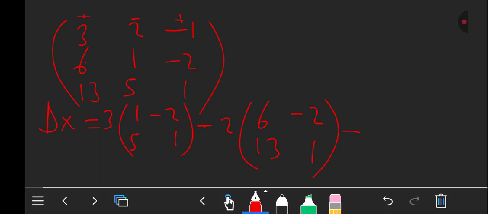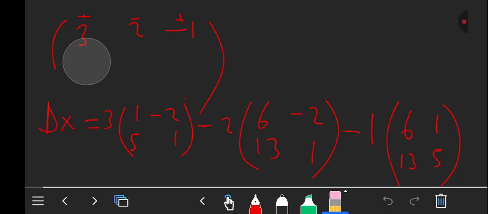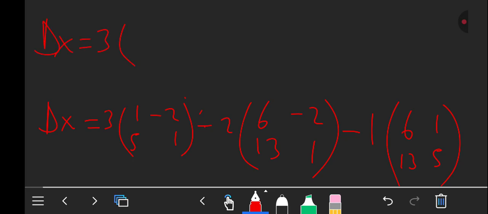Then minus 1 again, you have 6, 1, 5, 13. Then you can find the determinant. The determinant of x will be equal to 3 multiplied by 1 times 1, which is 1, minus negative 10, the same as 1 plus 10, that is 11. Then minus 2.